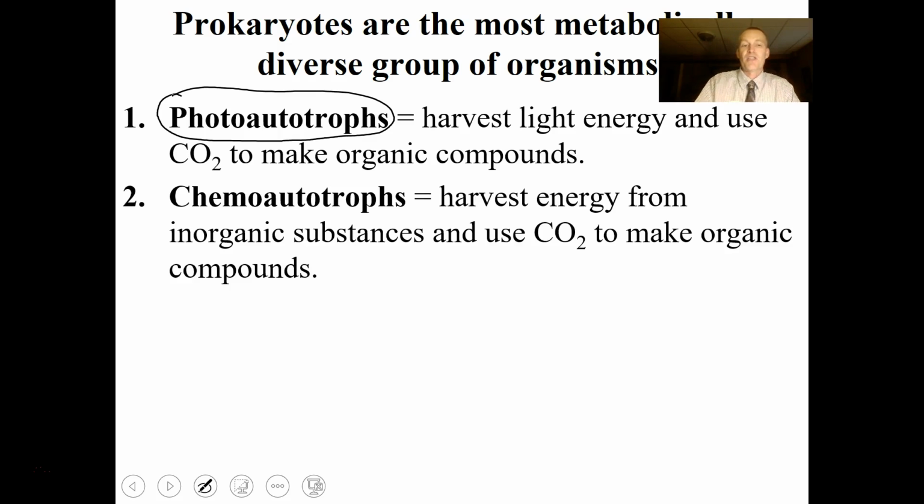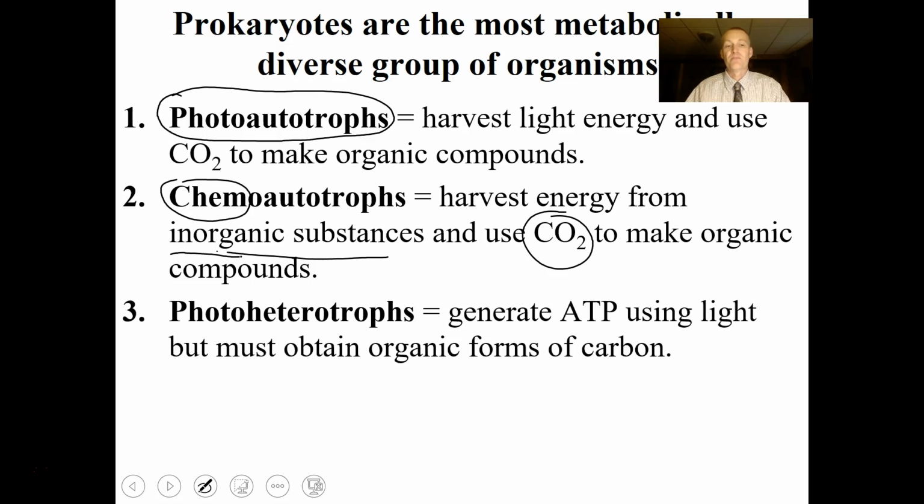But then there are chemoautotrophs, prokaryotes that harvest energy from inorganic substances, and they use carbon dioxide to make organic compounds. There are lots of different inorganic substances like hydrogen sulfide that these organisms can use, and they still use carbon dioxide and can make organic compounds from that.